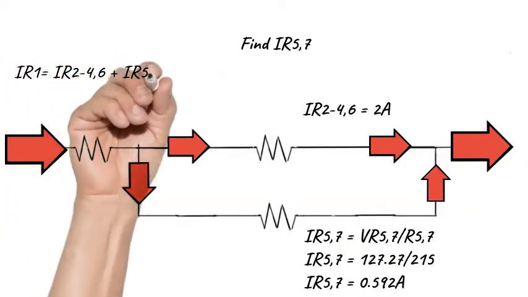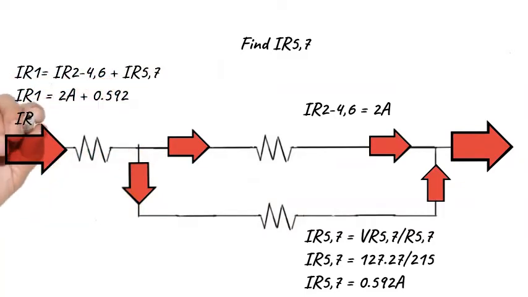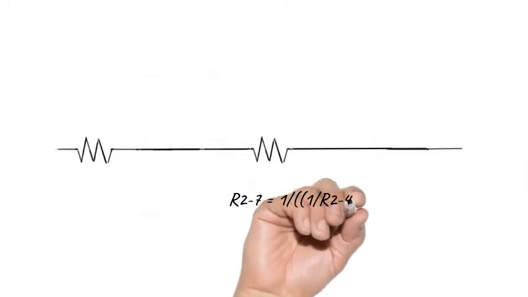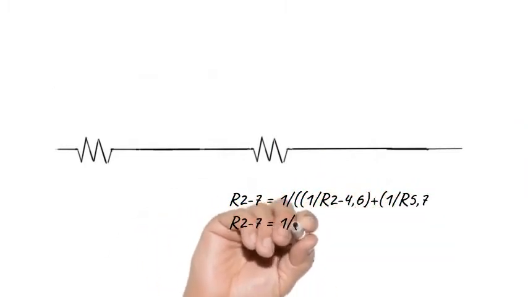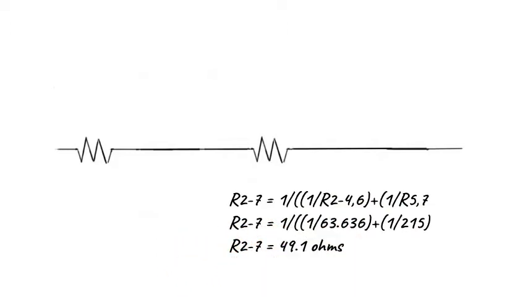Now note also that this total current is the current that is going to be through IR1. So we will then redraw the circuit and look for that resistance of R2 through 7 to find a total resistance of 49.1 ohms, remembering that they were in parallel.